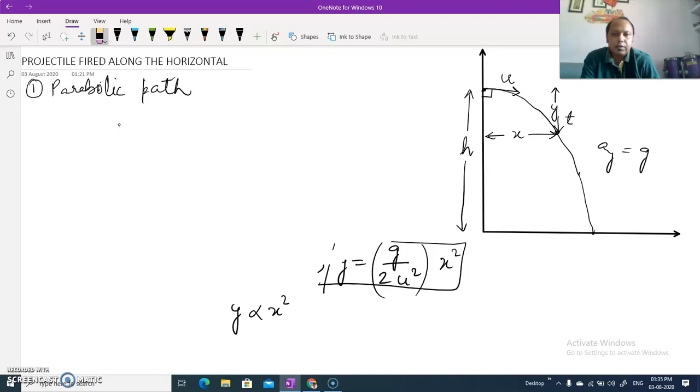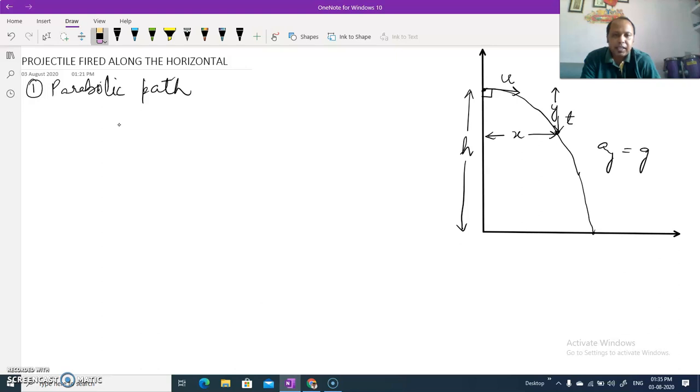Okay. So the time of flight is the time in which the projectile traverses the path in space. So therefore we write here the second point that we are going to discuss is time of flight.